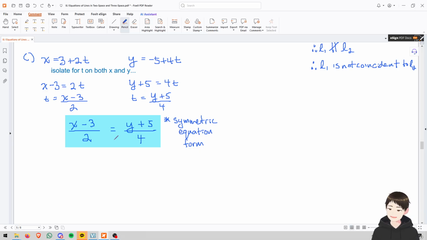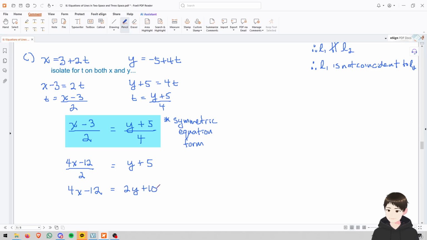I'm going to multiply both sides by 4. Okay, just 4, which gets me (4x minus 12) over 2 equals y plus 5. Okay, and now I'm going to multiply both sides by 2. That gets me 4x minus 12 equals 2y plus 10.